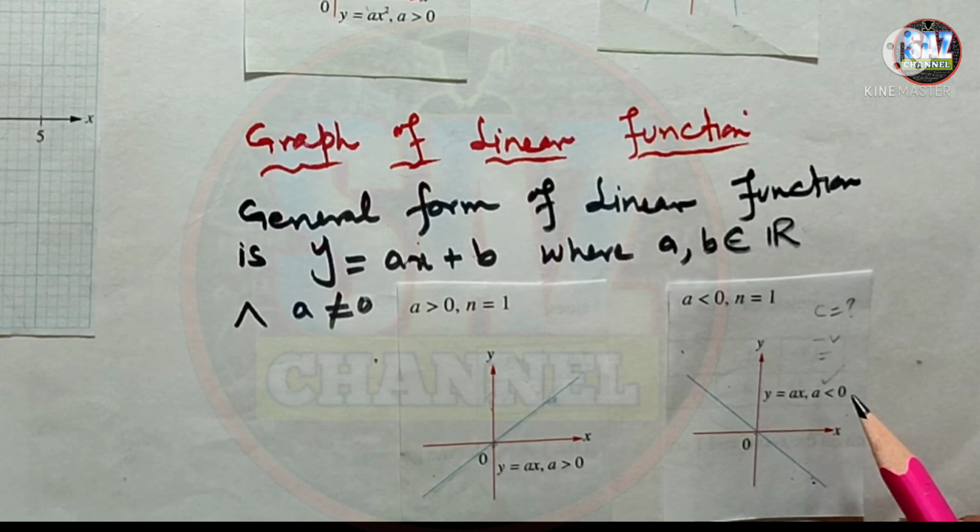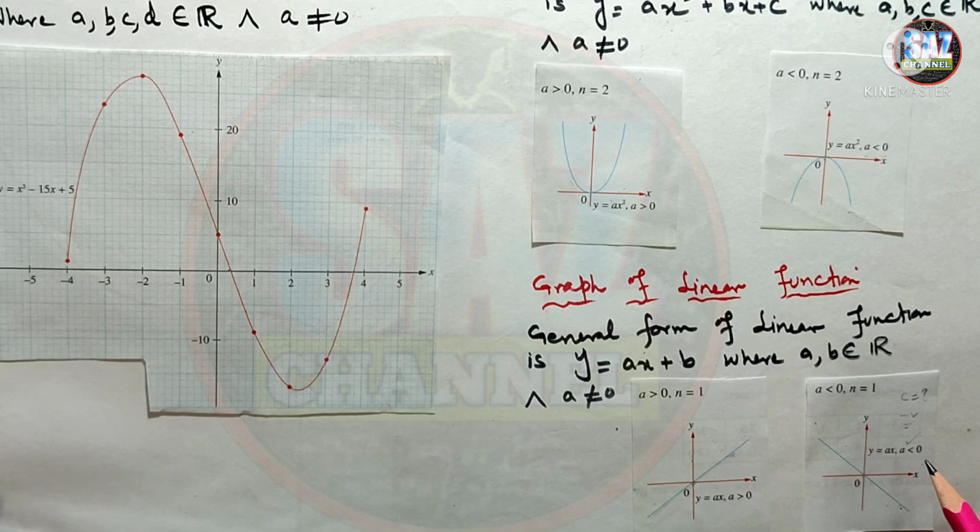So I hope, students, you are clear about the sketches of linear, quadratic and cubic graphs. When you are solving questions in your practice work and for your O-level examination, keep these points in mind: for the linear graph, your graph will be a straight line. For the quadratic graph, your graph will be a U-shaped curve. Its name is parabola, and it will have the opening upward or downward, depending upon the sign of the coefficient of the square term.